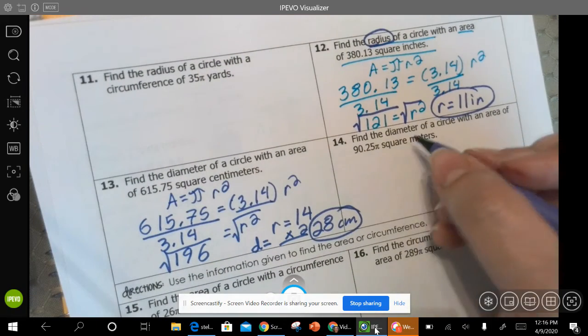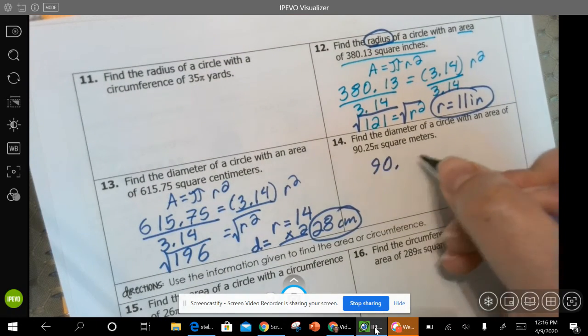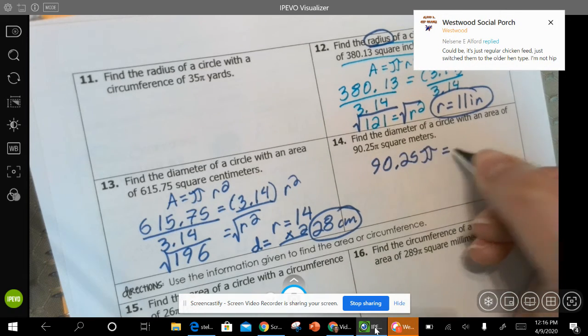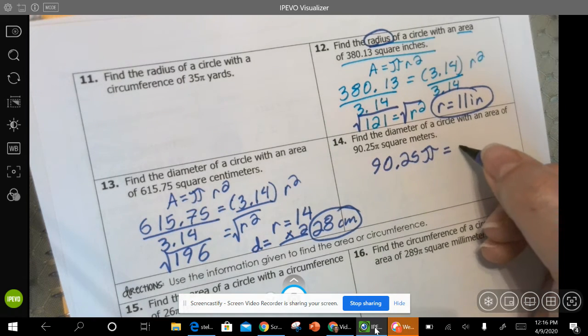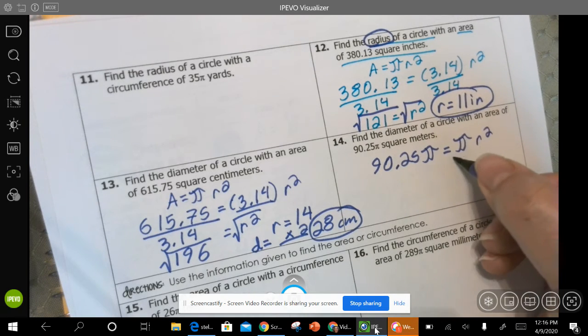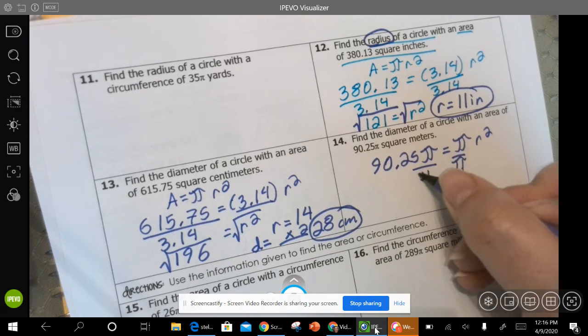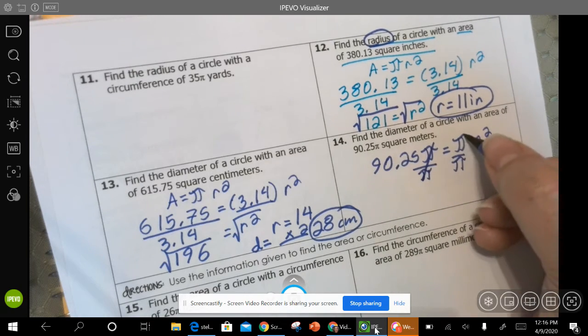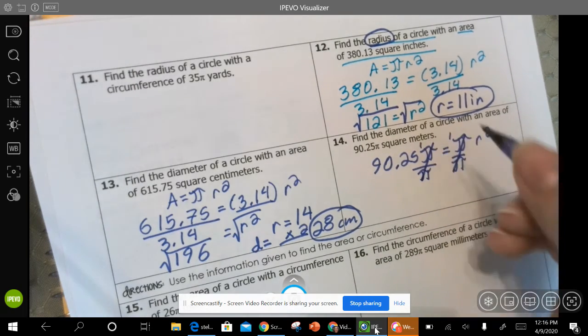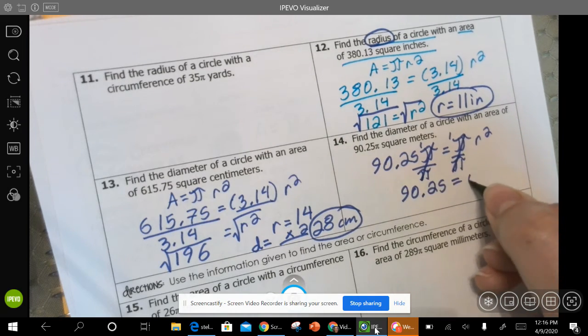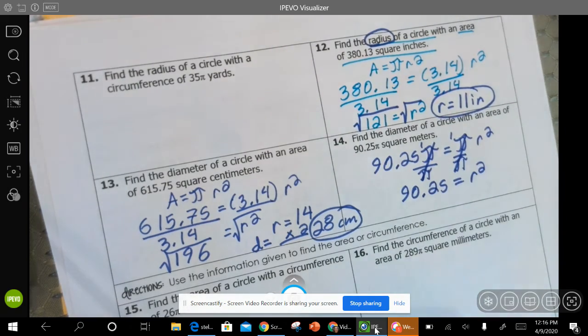Let's do one more example. They give us 90.25 times pi is equal to pi times the radius squared. I'm going to divide each side by pi. Pi divided by pi is 1. So we get 90.25 is equal to the radius squared.